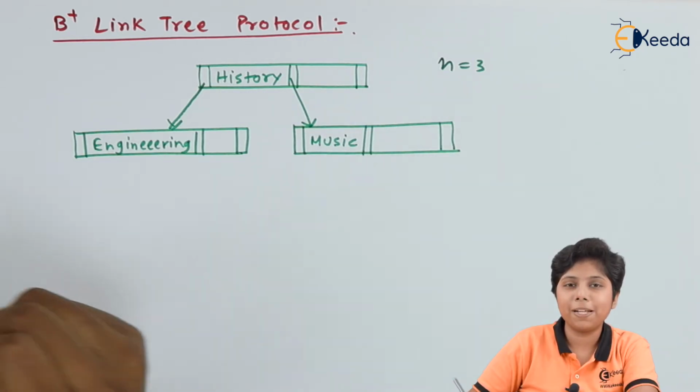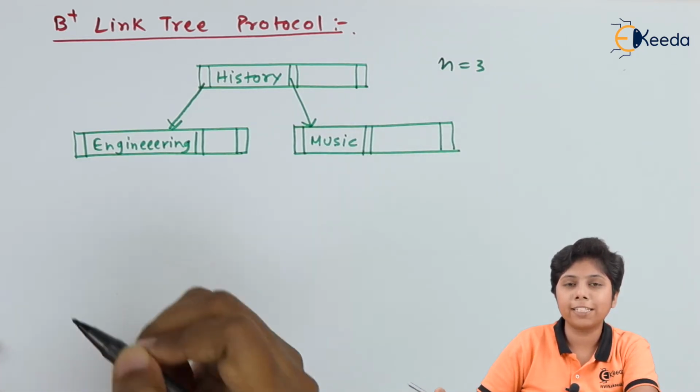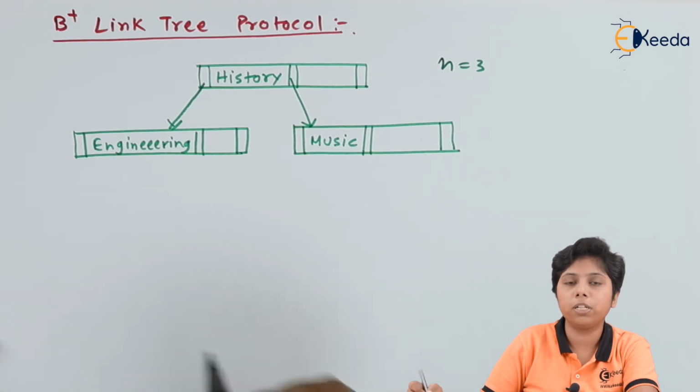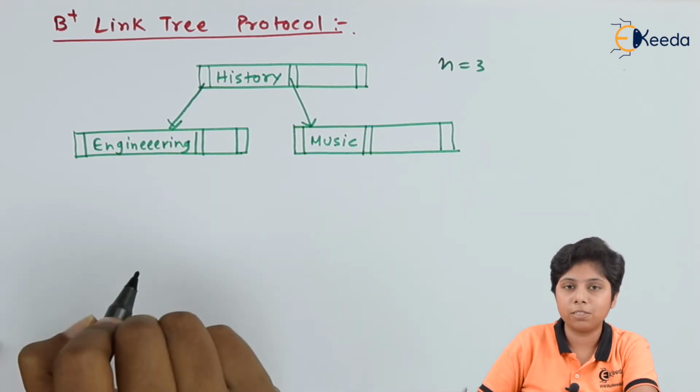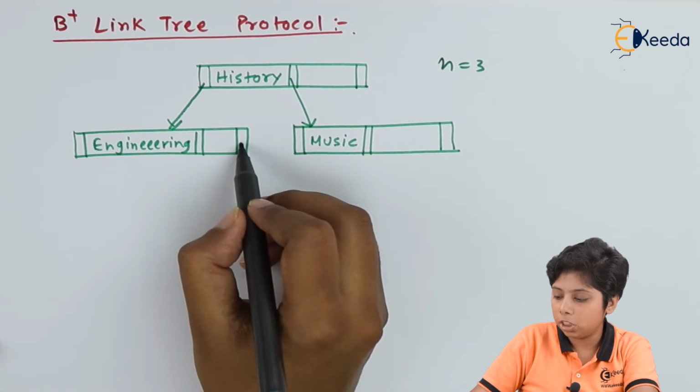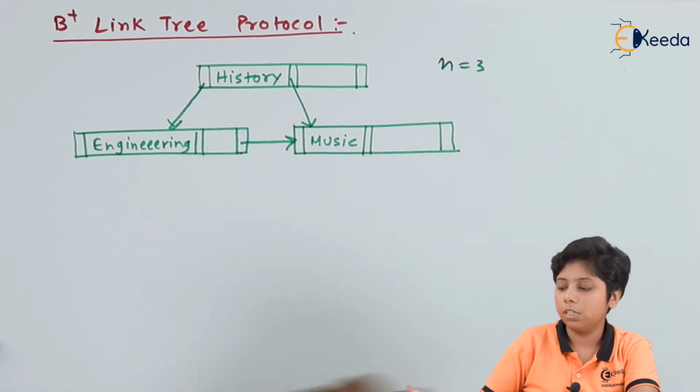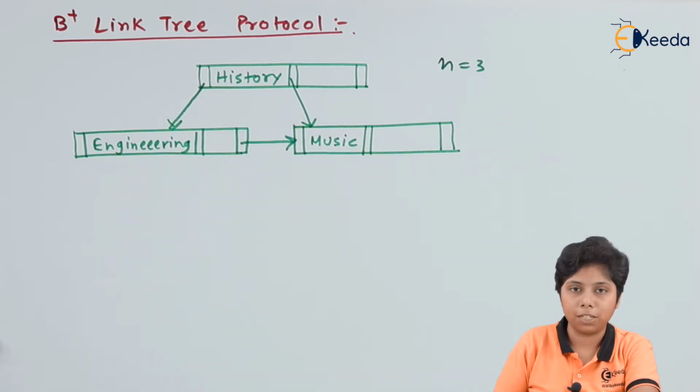As with the B plus link tree, we know that except for the root node, every node will have a pointer to its right sibling. So now the engineering will have a pointer to the key that is containing music.